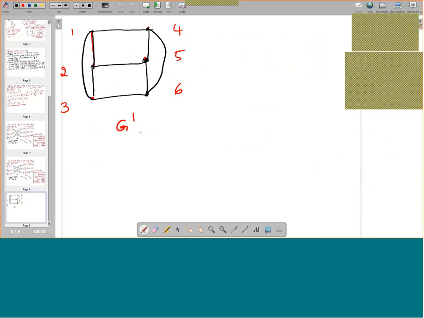So you'll be getting G dash like this. Write down the degree for each vertex in G dash. All of you type it in the chat box. What is the degree for each vertex in G dash? 1, 2, 3, 4, 5, 6.